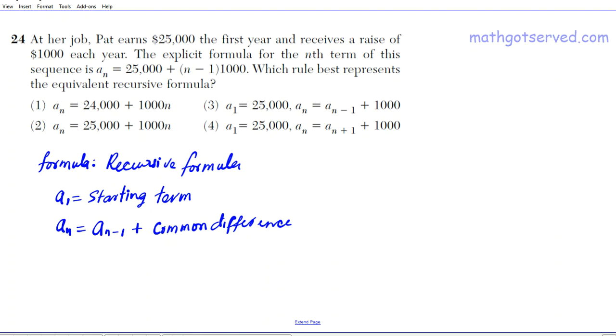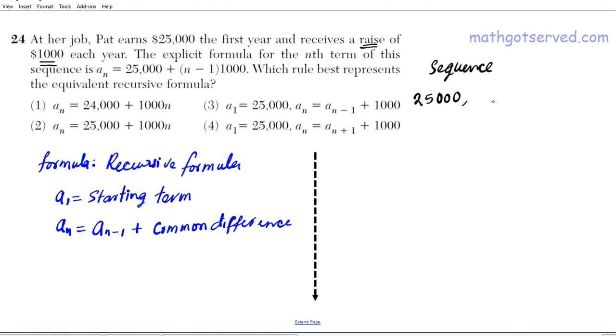Now, how do we know that it's an arithmetic sequence? Well, we know it's an arithmetic sequence because you get a raise of 1,000 every year, which means that you grow by 1,000 every year. You keep adding 1,000 over and over again. Let me just generate some terms of the sequence for you so you can understand what I'm talking about. The sequence is going to start with 25,000.